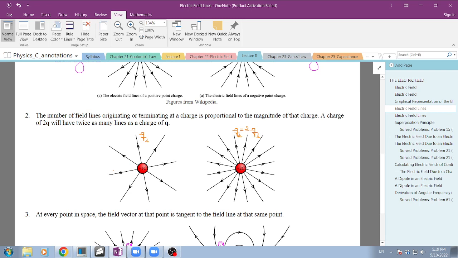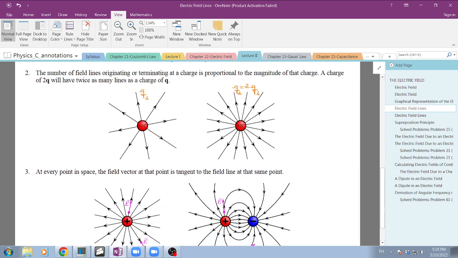So the number of lines is directly proportional to the magnitude of the charge. That's a very important rule that you have to respect.